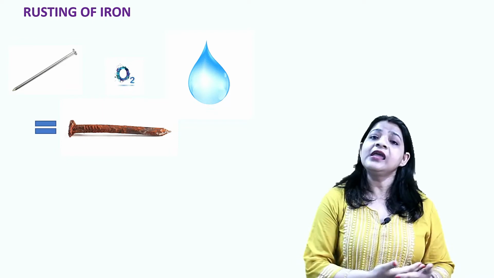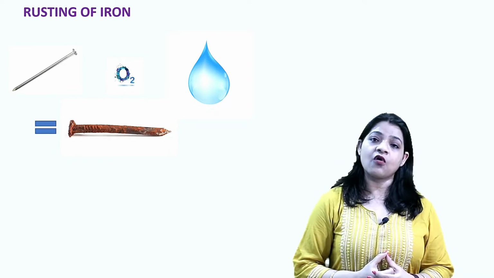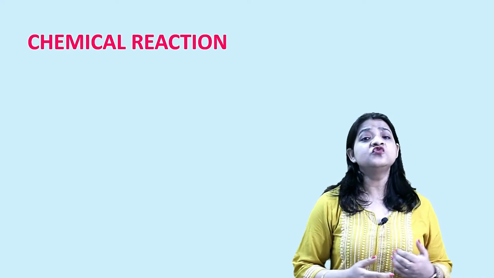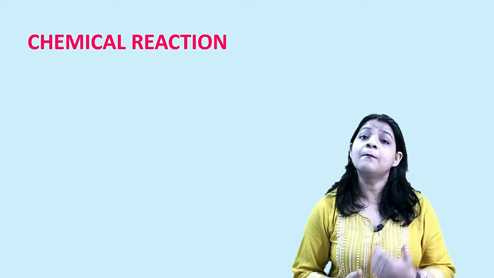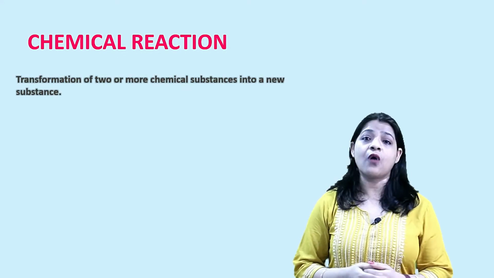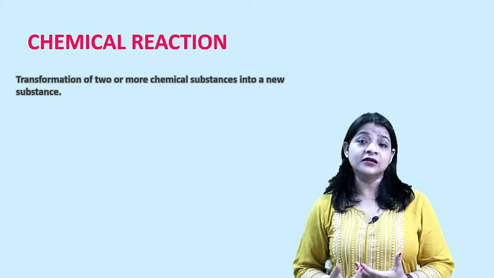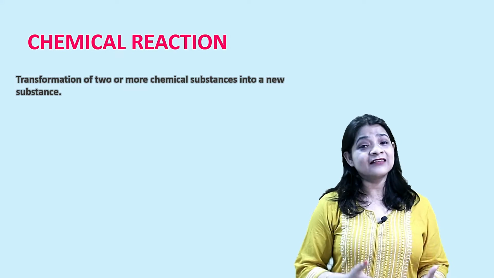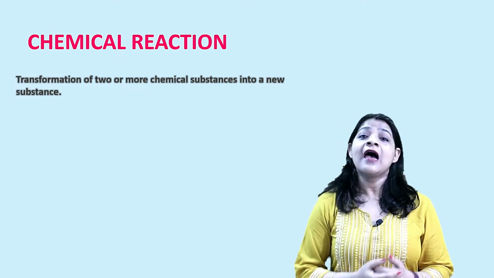So any chemical change can be called a chemical reaction. A chemical reaction is basically defined when two or more substances combine or react with one another to form a new substance that has different chemical properties and different chemical composition. Now, when we talk about chemical reaction, some changes occur during the course of a chemical reaction.